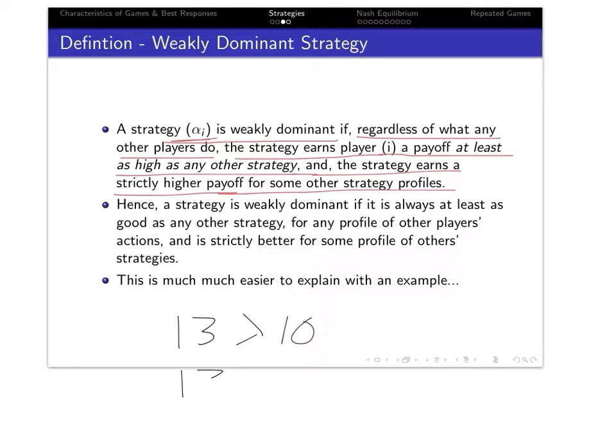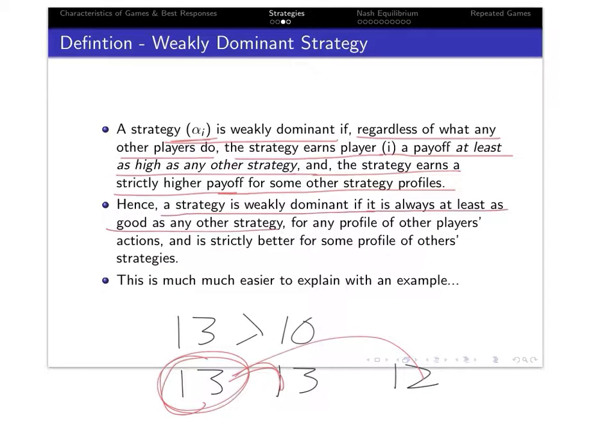But if instead we had 13, and the other payoff was 13, and the other thing is 12, then you could say this is weakly dominant, because it's as good as this, but it's definitely better than that. We'll go through it, and hopefully it makes more sense if you're not following. So a strategy is weakly dominant if it is always at least as good as any other strategy for any profile of other players' actions, and is strictly better for some profiles of other players' strategies. Much easier to explain with an example, obviously.